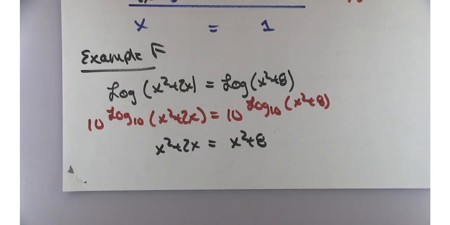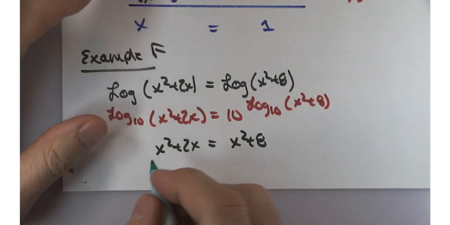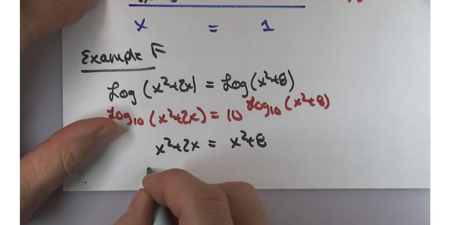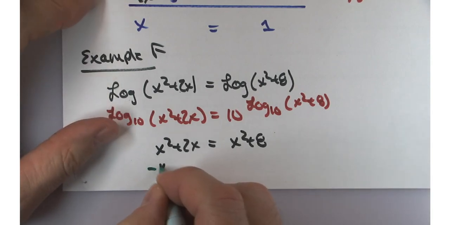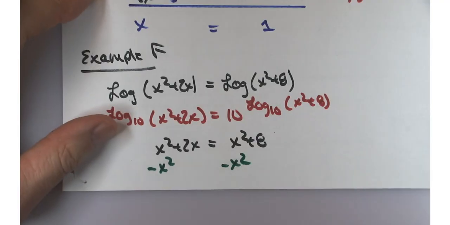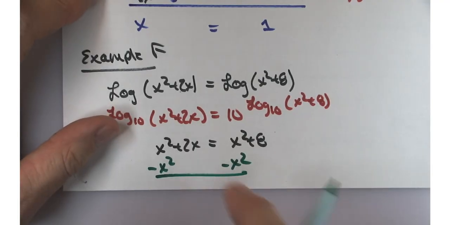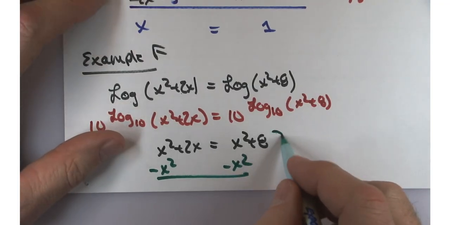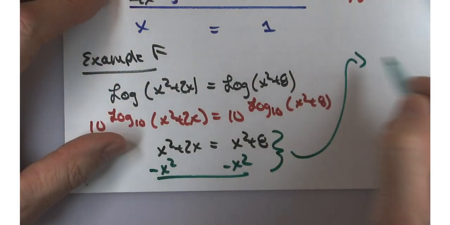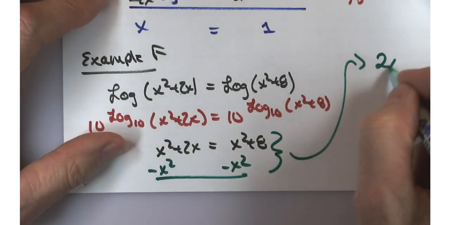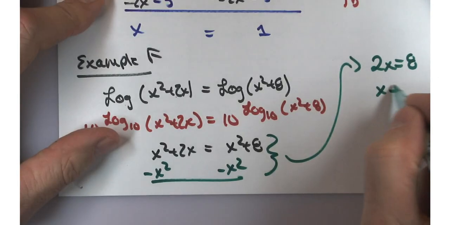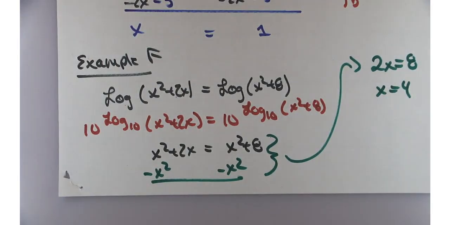Any ideas? Second power? All right, let's cancel out the x squared first by subtracting x squared on both sides. That leaves me with 2x equals 8. Then divide by 2, x equals 4.